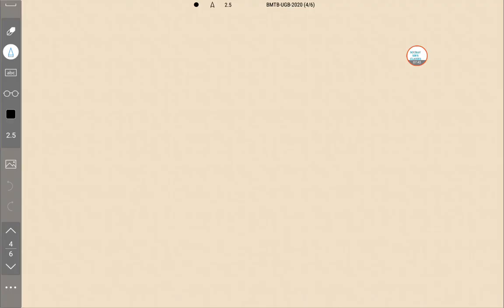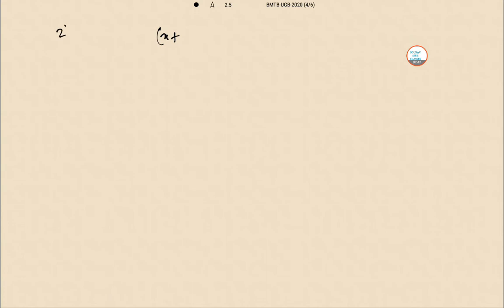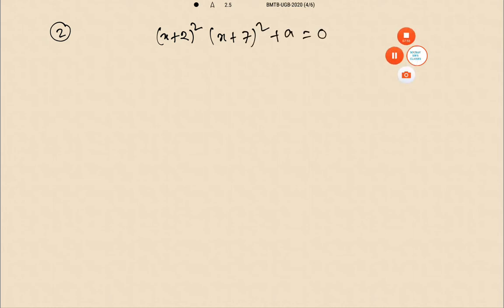Okay, so we have an equation. Remember that we are solving the second question: (x plus 2) whole square, (x plus 7) whole square plus a equal to 0, and x is in the set of reals.